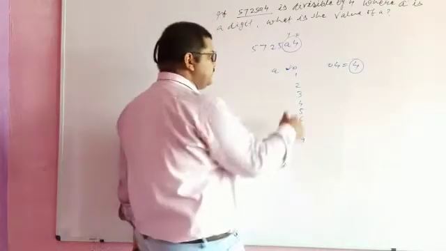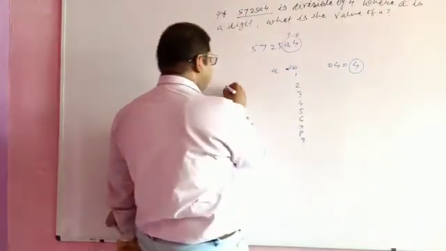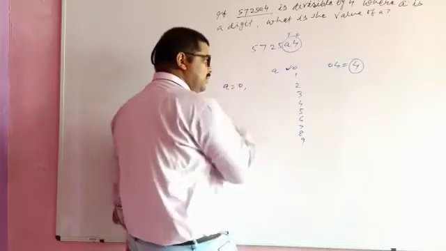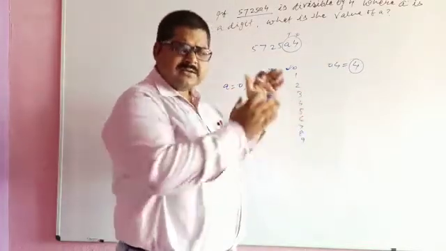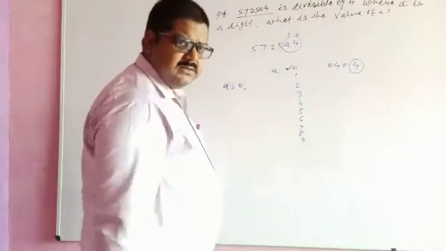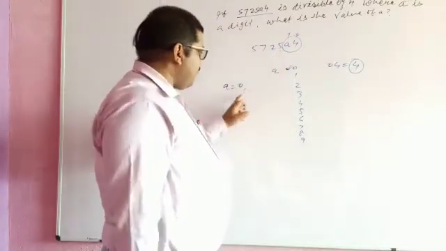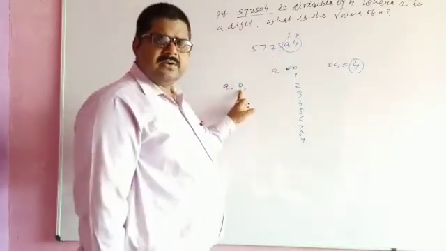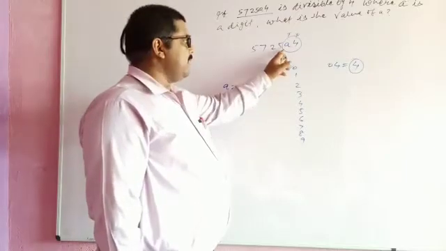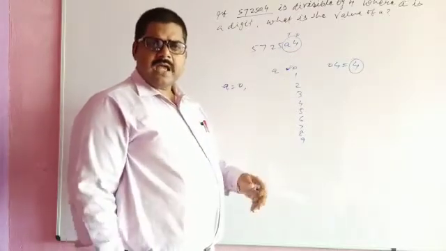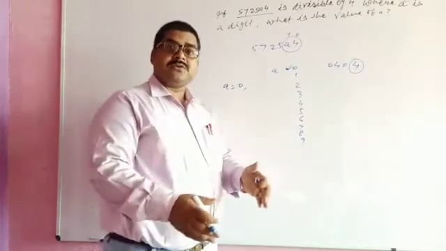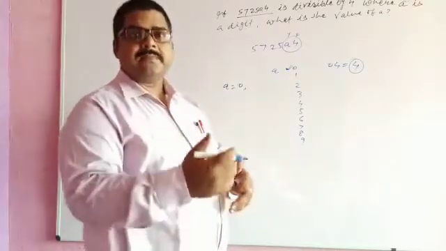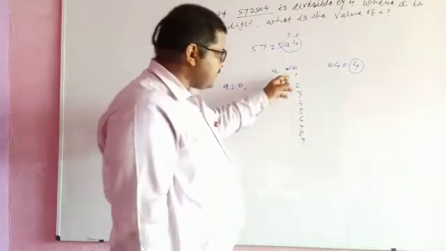So one possibility is that one value of A is 0, and you have to write this explanation in a statement: the value of A is possible 0 because the number formed is 04, which is exactly divisible by 4.